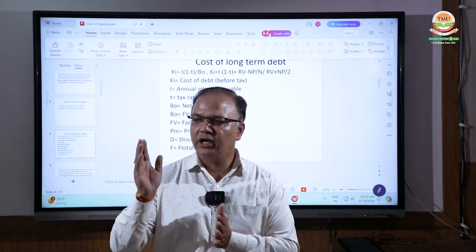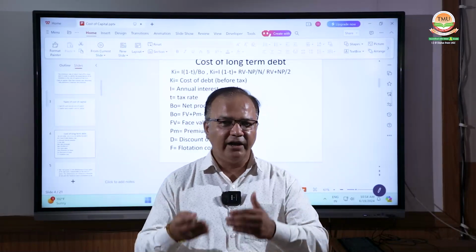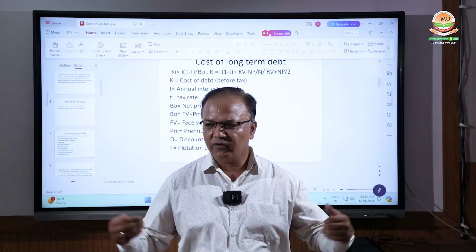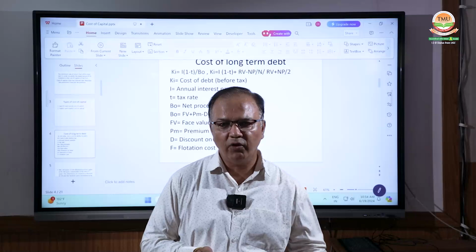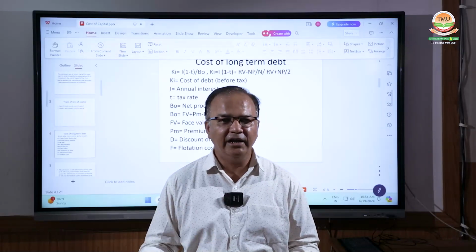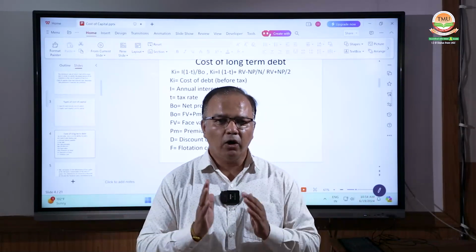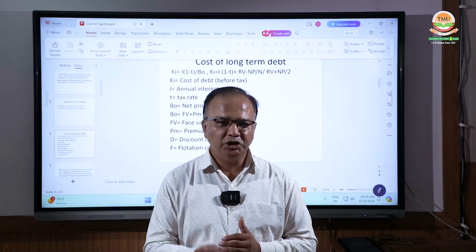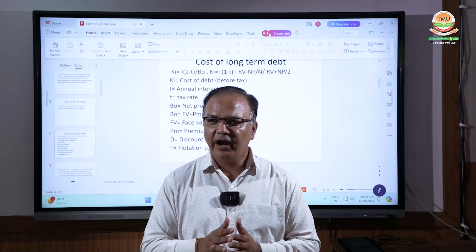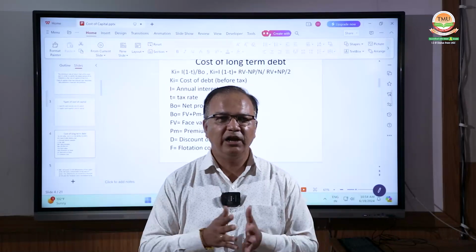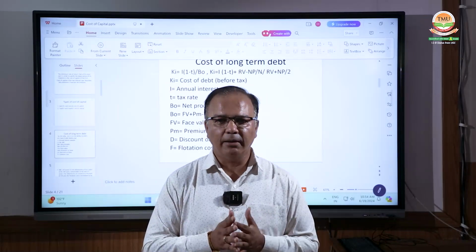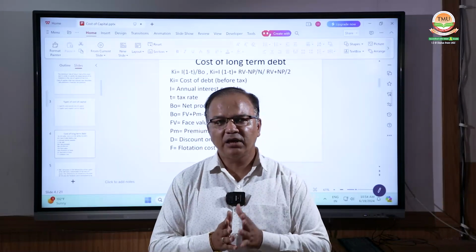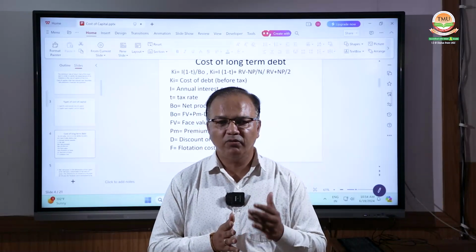Now it depends on the investor and on the organization by which way the organization wants to collect the fund, by way of the redeemable or by way of the irredeemable. But normally organizations use redeemable debenture and the household and the salaried class person use irredeemable debt. So if you want to take the example of irredeemable debt, you can take the example of home loan, you can take the example of car loan.